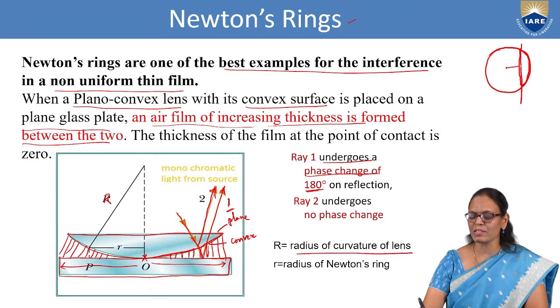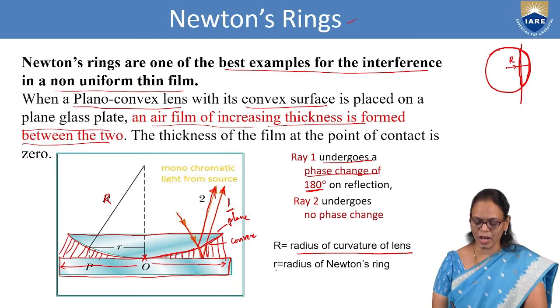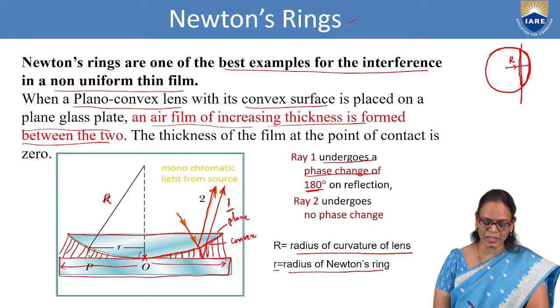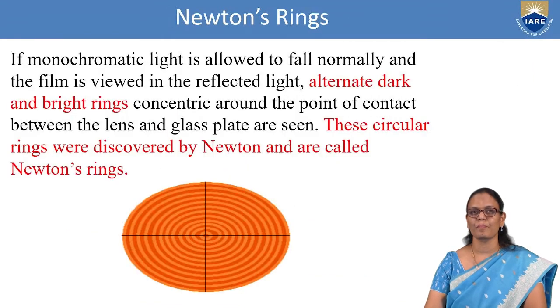So the radius of this spherical surface of which the lens forms the part, we will call it R, the radius of curvature. And small r represents the radius of the Newton's rings. So we'll be seeing the rings that are formed here like this. So small r represents the radius of the ring that is formed.